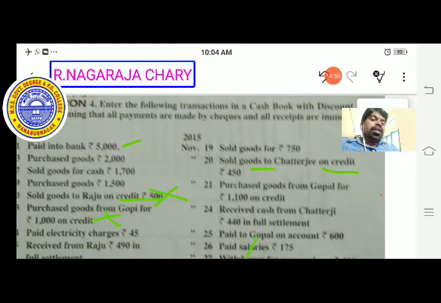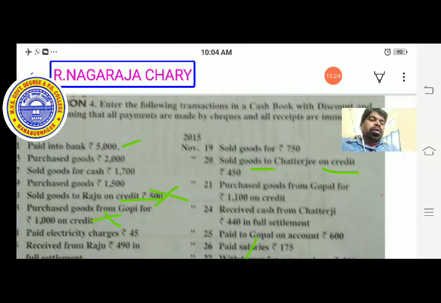Whenever we are selling goods to some other person on credit basis, that transaction need not be written, just it is to be ignored. So that is why 450 is to be ignored, because we are selling on credit basis. When it is realized, then it is to be recorded. That you have to keep in mind.